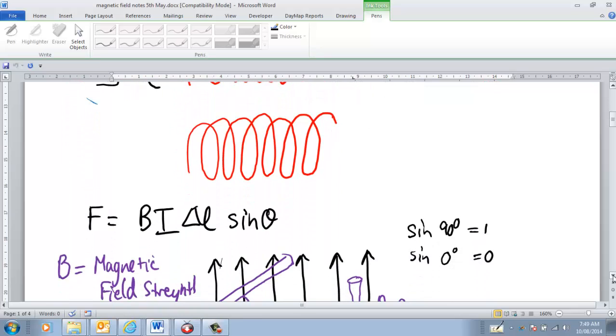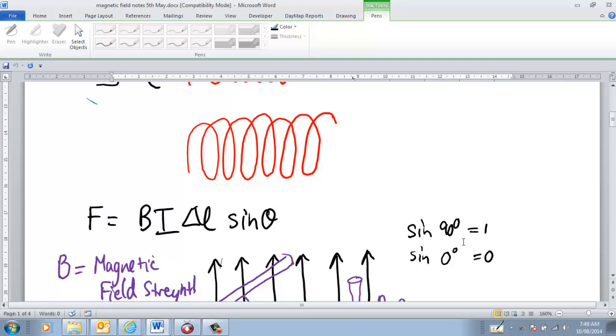Now the force for a magnetic field is equal to BIL sine theta, where B is the magnetic field strength, which we measure in Teslas, I is the current, and L is the length of the wire that you've got. Now this year, theta is going to be 90 degrees for most things, so therefore sine theta is going to be 1.